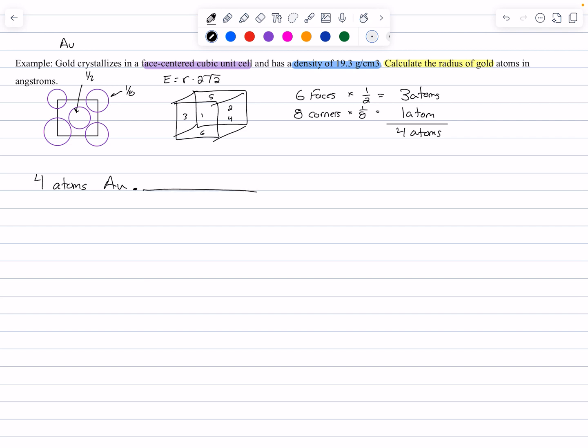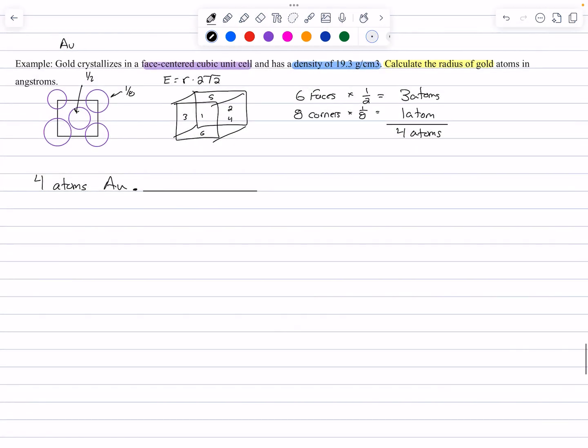And I need to know how big these 4 atoms are, so to speak. And I can figure that out, because we know that there are 6.022 times 10 to the 23rd atoms of gold in 1 mole.